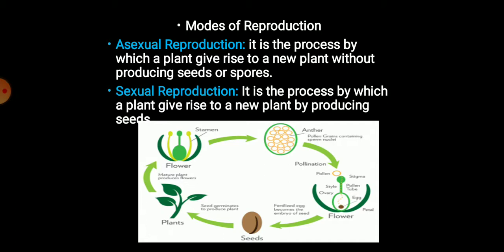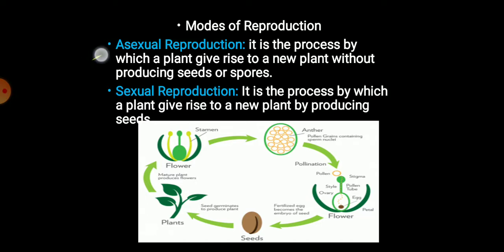Now, different modes of reproduction, as I was telling previously, there are different modes of reproduction which can happen in plants. The first one is asexual reproduction, and the second one is sexual reproduction. Asexual reproduction is the process by which a plant gives rise to a new plant without producing seeds and spores.